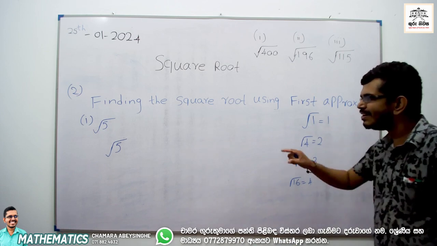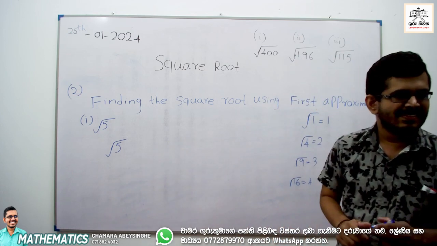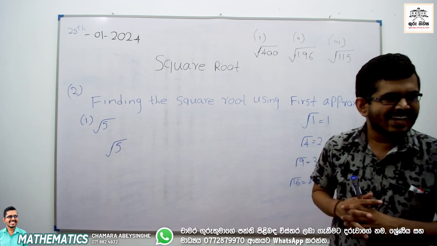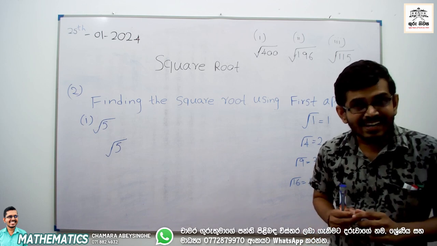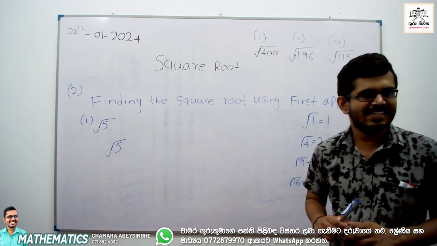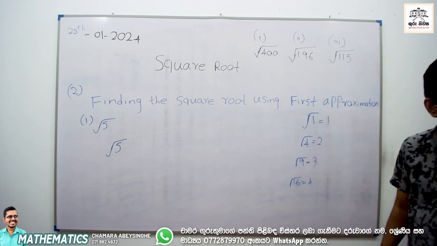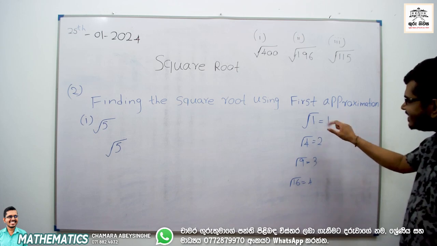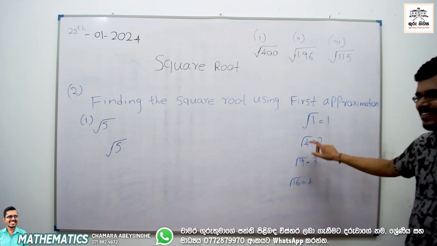What is the square root number nearest less than 5? Yes, what is the number? This is the number 1.